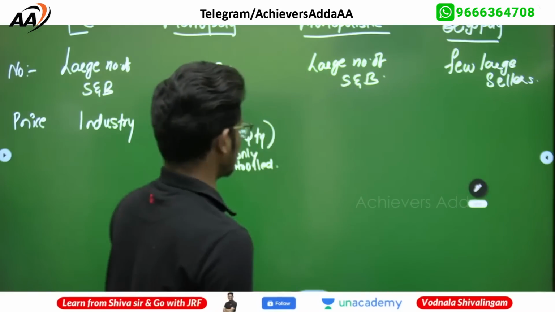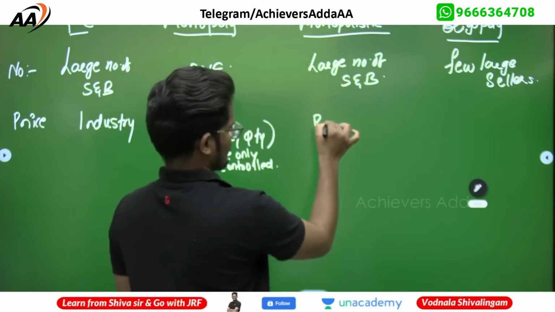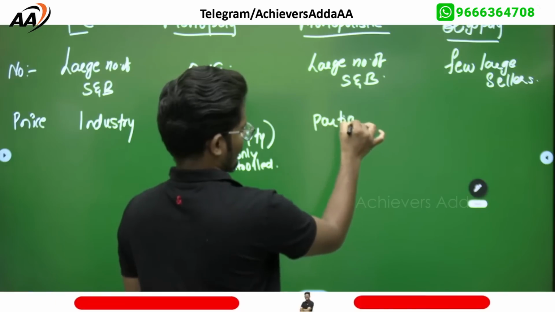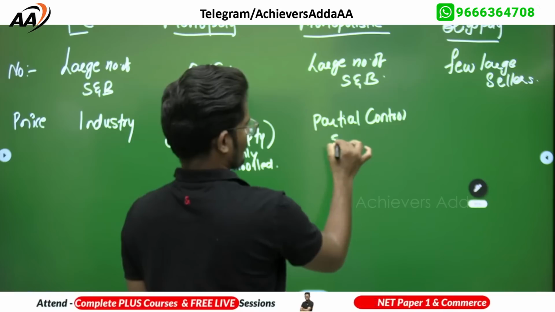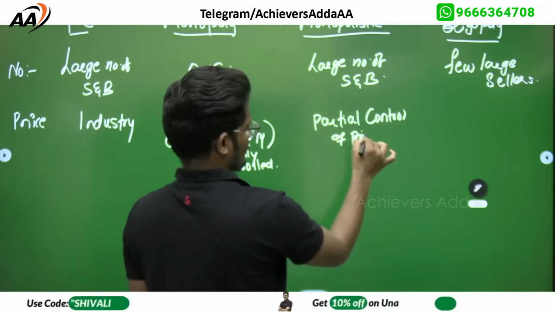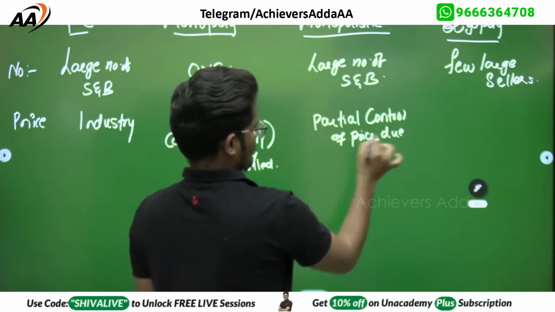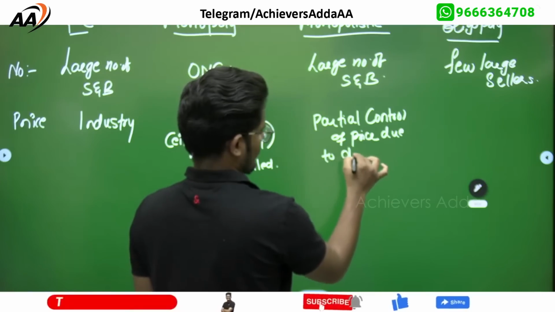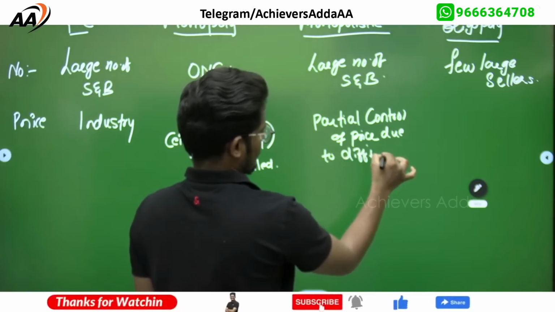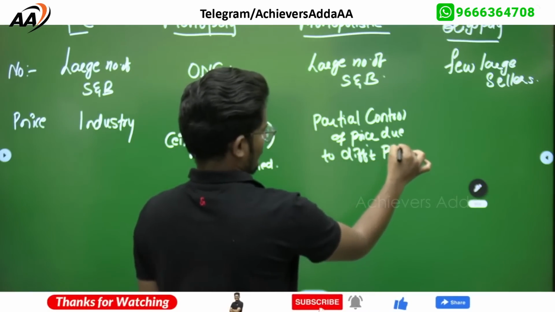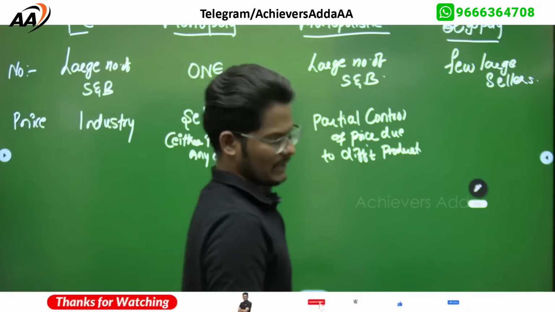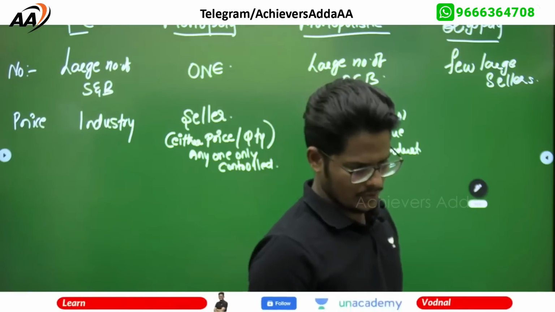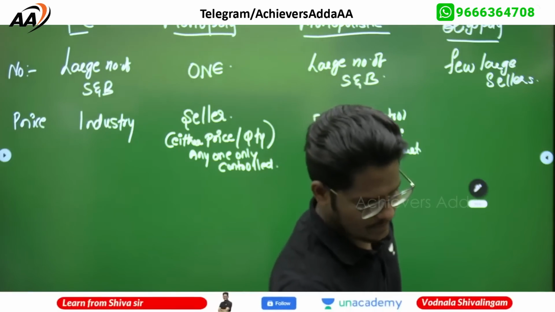There is only partial control of the price, because due to different products, every product is different. And in oligopoly, a few sellers will decide the price.